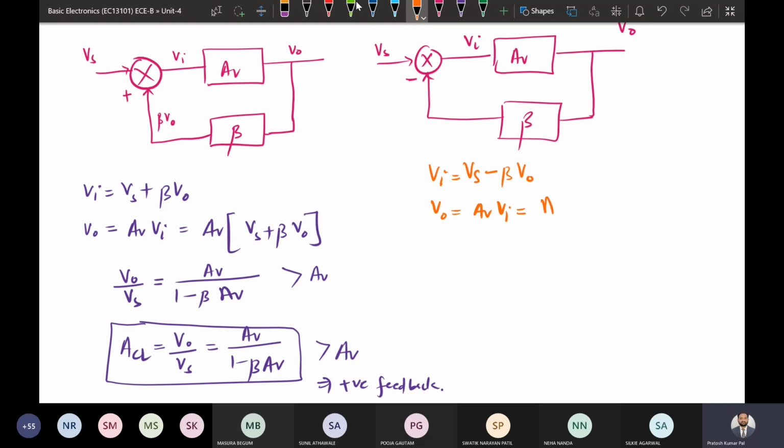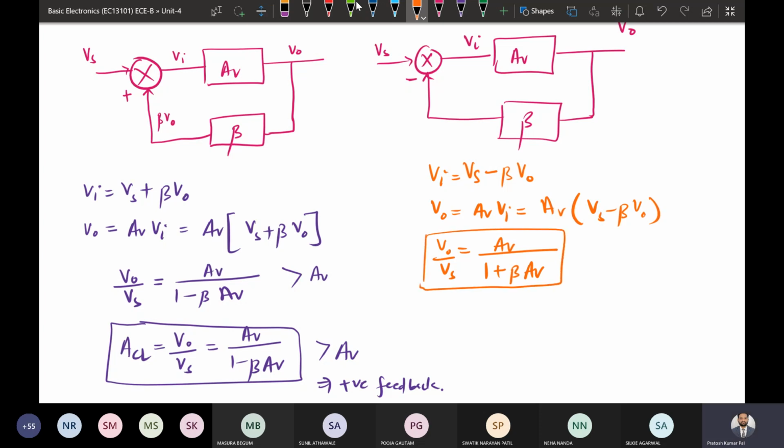So AV multiplied by Vi equals Vs minus beta times V naught. From there we can get the relation between V output and V input. It comes out to be AV divided by, instead of minus there, it will be plus.